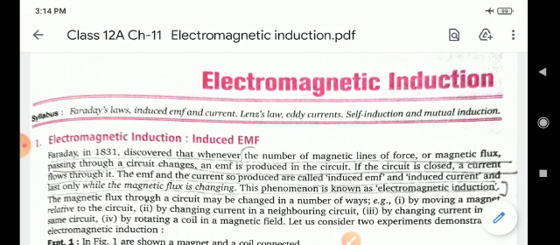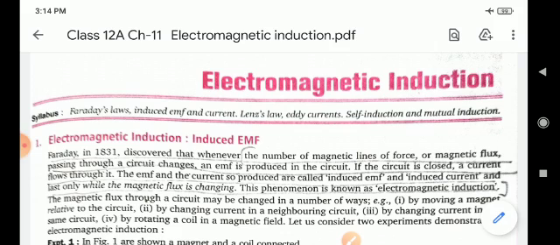The magnetic flux through any surface placed in a magnetic field is the total number of magnetic lines of force crossing the surface normally. It is measured as the product of the component of the magnetic field normal to the surface and the surface area.